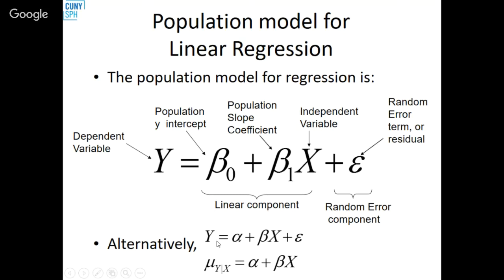These are some alternative formulations of it. This first one is basically the same. The second one is a little bit different in that it describes only the systematic part of the model. So this says that the mean value of y conditional on the value of x is equal to the linear part of this model, which doesn't include the error.